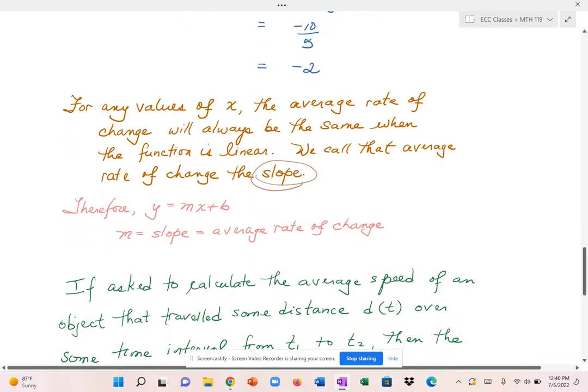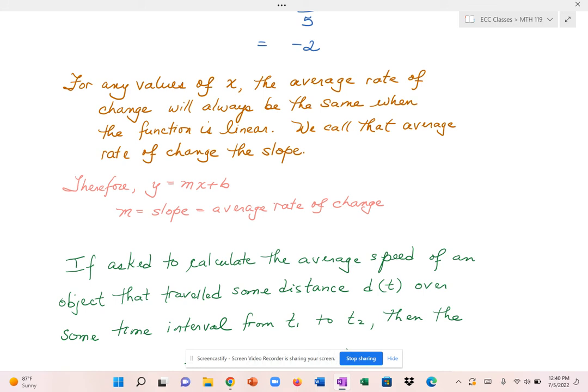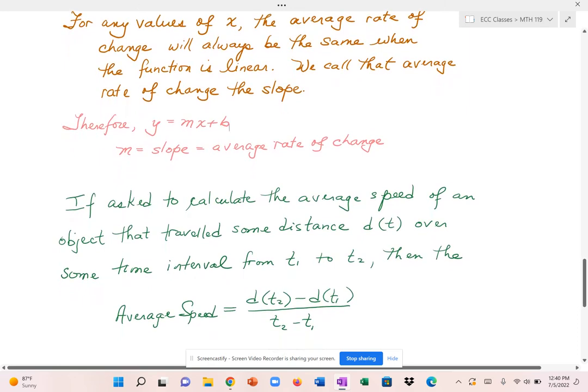Okay, so if you're asked to calculate the average speed of an object that traveled some distance d of t over some time interval from t sub 1 to t sub 2, then another interpretation of average rate of change would be an average speed.